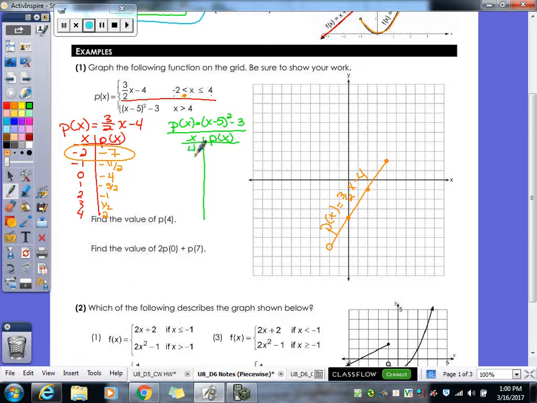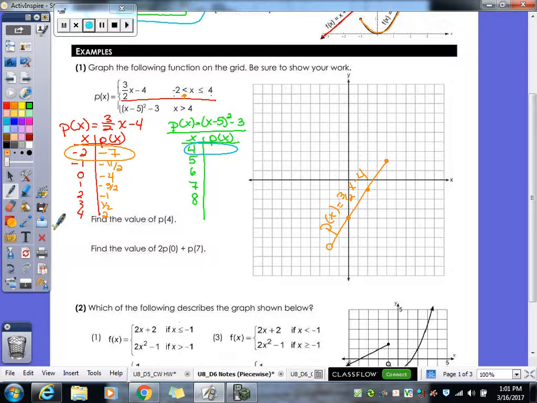So I'm going to start my x's at 4. I'm just going to fill in some numbers, 4, 5, 6, 7, 8, going higher than 4. Will I have an open or a closed circle at 4? Open, because it doesn't have the or equal to. So I'm just going to circle that so I can remember that's going to be an open circle.